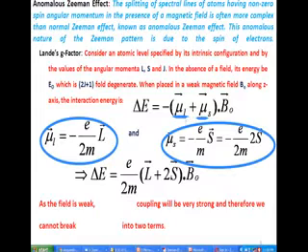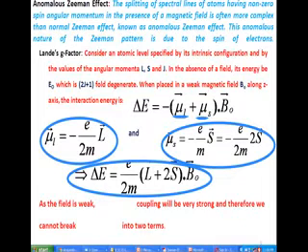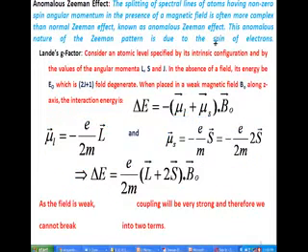After substituting these values in the delta E equation, we get the interaction energy given by this formula: delta E is equal to e over 2m, bracket L vector plus 2S, dot B naught.